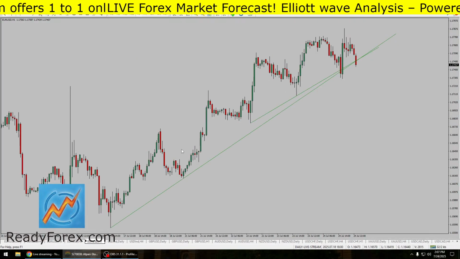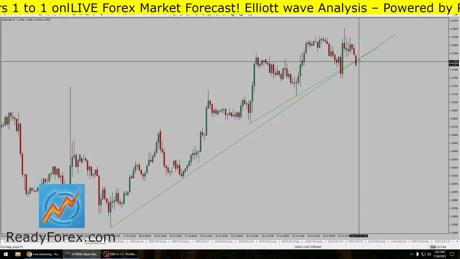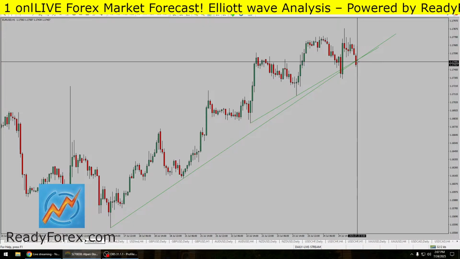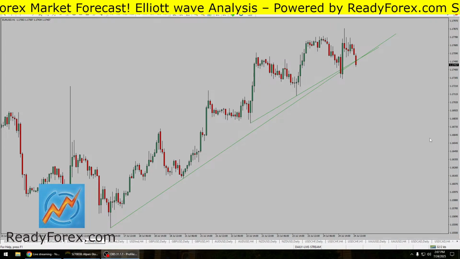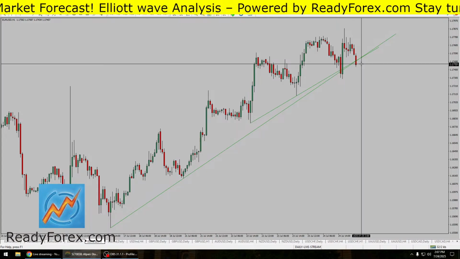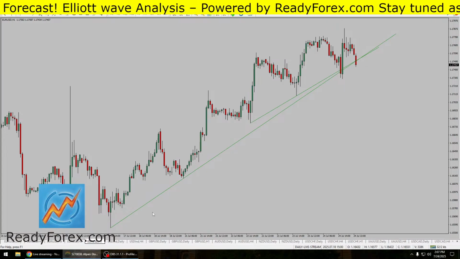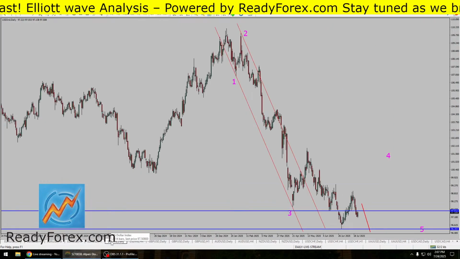If you check out the 1 hour time frame, price action is currently breaking both of these trend lines right over here, and this is telling me that some sort of weakness is probably going to start in the euro dollar currency pair.